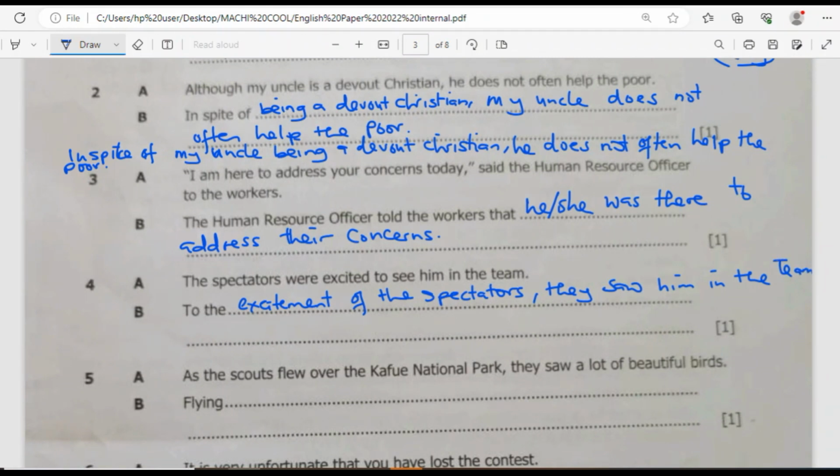Okay, so this was the answer. So, to the excitement of the spectators, they saw him in the what? In the team. So this is the first one.